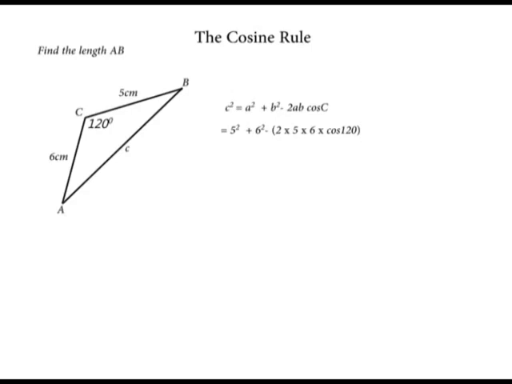Cos 120 is equal to negative 0.5. Therefore, C squared is equal to 25 plus 36 minus 60 times negative 0.5. That gives us 61 plus 30. And given to 2 decimal places, that is 9.